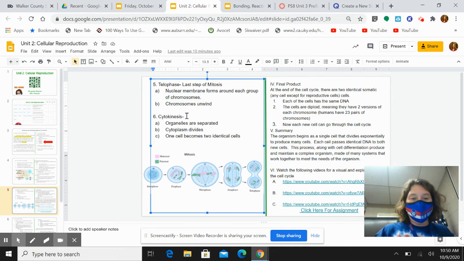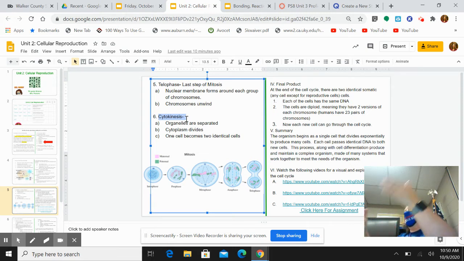And now mitosis is over and you have cytokinesis. This is the last step in the process of cellular division. What does cyto mean? Cytoplasm. And kinesis means to split or to divide. So what happens now is you are going to divide the cytoplasm.